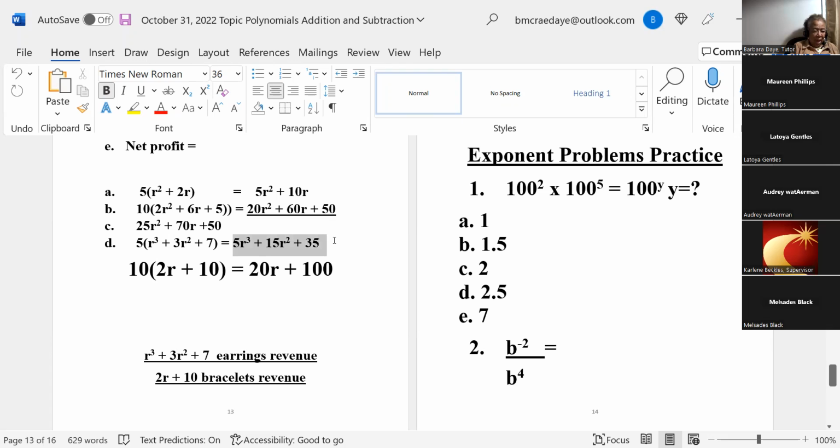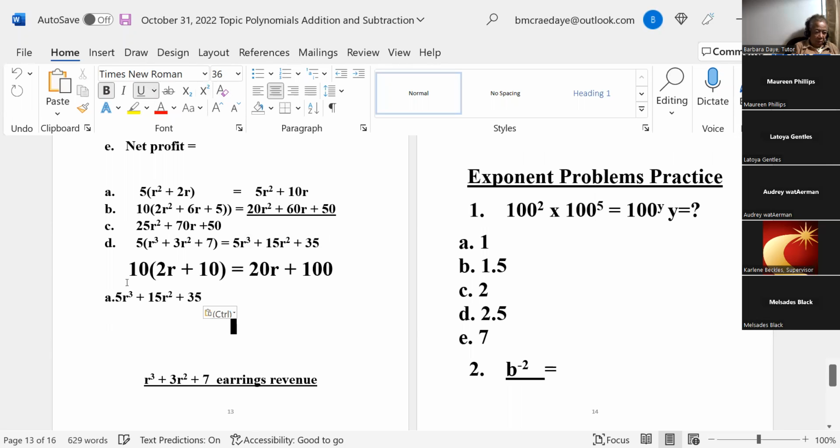You want to add the earrings revenue and the bracelet revenue. So this would be this plus the 20R plus 100.